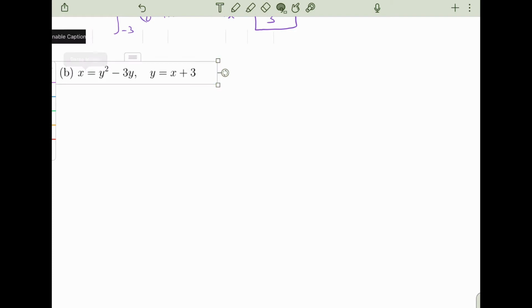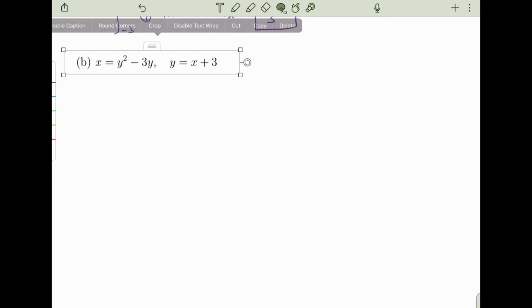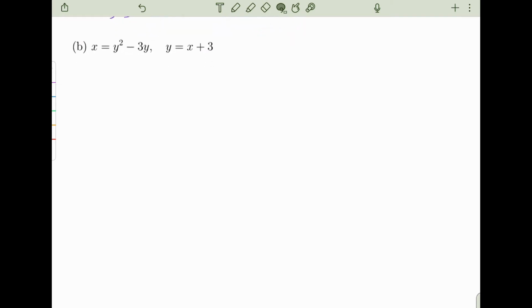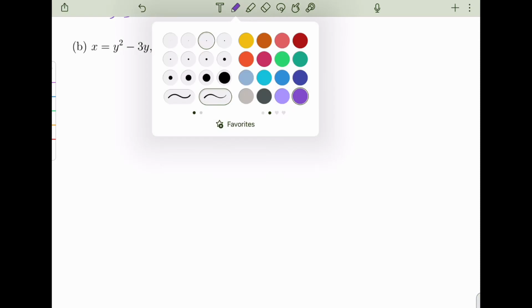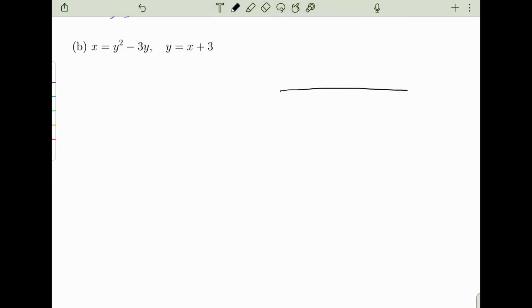x equal to y squared minus 3y. So it's a parabola that goes sideways. This is x, this is y.